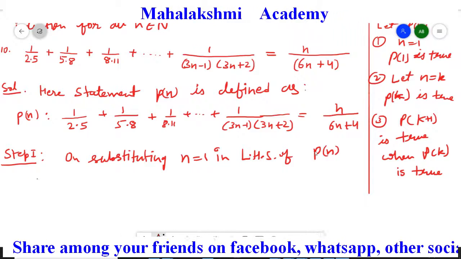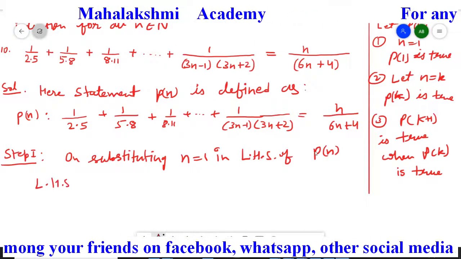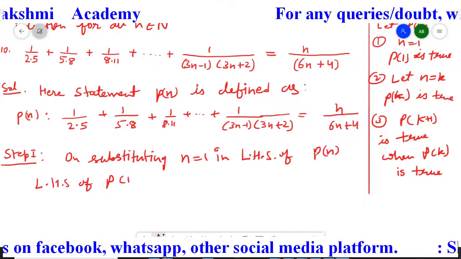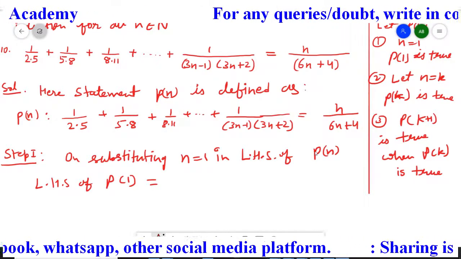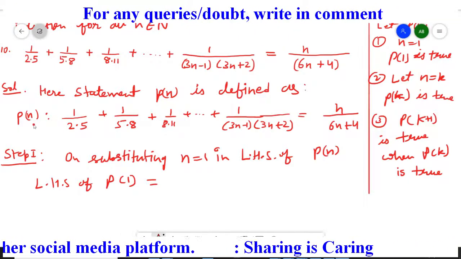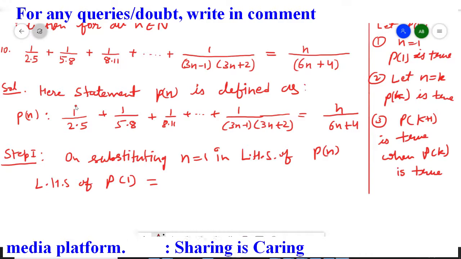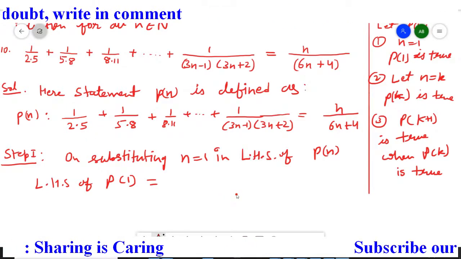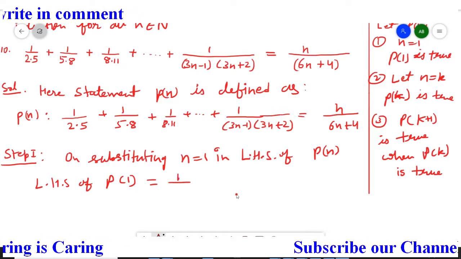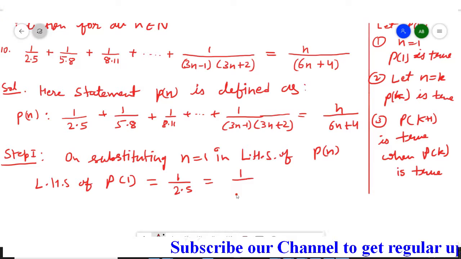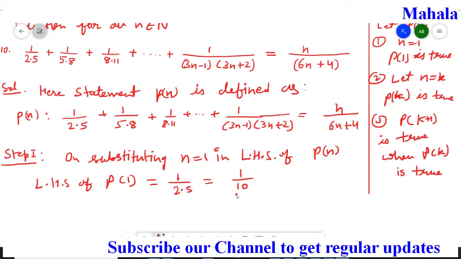Instead of n we write 1, so it is going to be the P1 statement. When I write 1 here, we take only the first term. So it is going to be 1 upon 2.5, meaning 2 multiplied by 5, that is 10. So the left hand side is this.